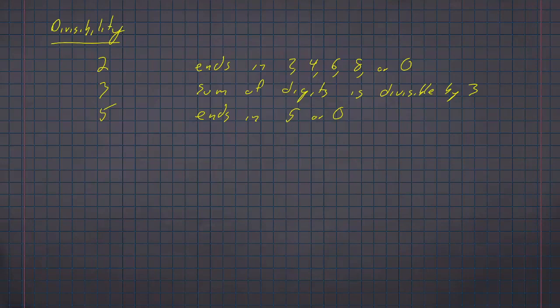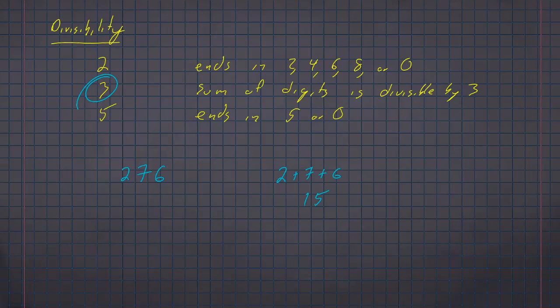Let me take a close look at an example of divisible by 3, because that rule is a little bit hard to understand. Consider the number 276. If we add 2 plus 7 plus 6, well, 2 plus 7 is 9, 9 plus 6 is 15.